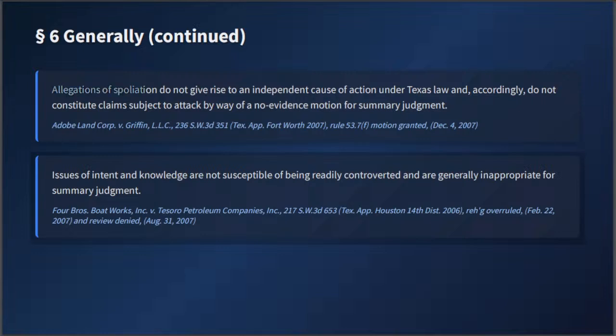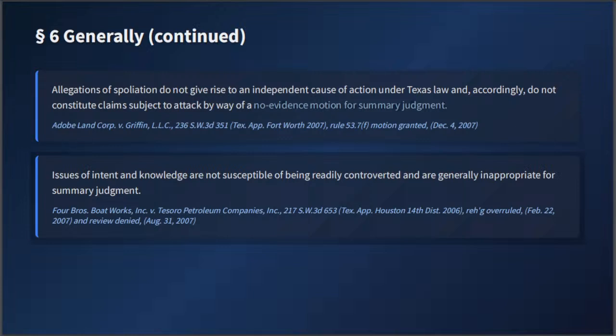Allegations of spoliation do not give rise to the independent cause of action under Texas law, and accordingly do not constitute claims subject to attack by way of a no evidence motion for summary judgment. So that's an interesting one there too.